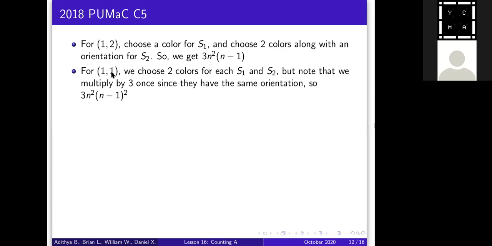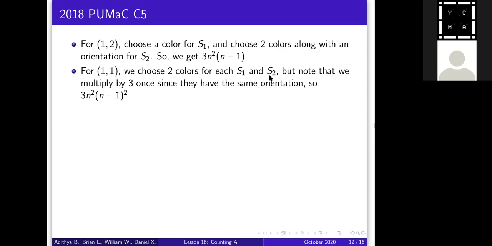And for 2, 2, we're going to choose 2 colors for each of S1 and S2. So each one has n times n minus 1 ways to choose. But note that we can't choose their orientations independently, because the unique color must be in the same sector.